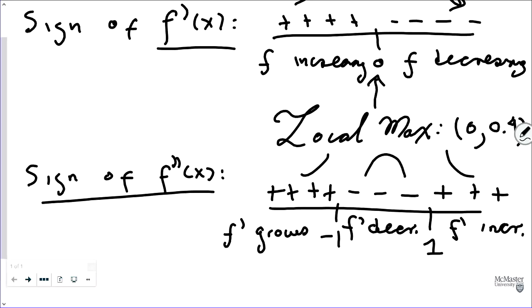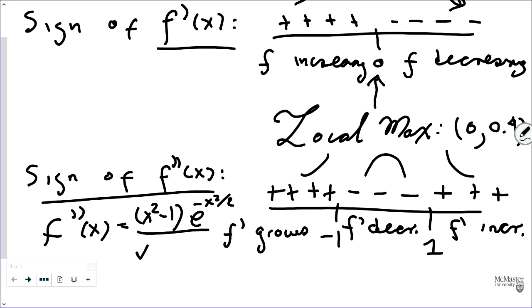So if you remember, f double prime of x is equal to (x squared minus 1) e to the minus x squared over 2, divided by square root of 2 pi. So clearly, if you look at the sign analysis, let me make a little space over here.